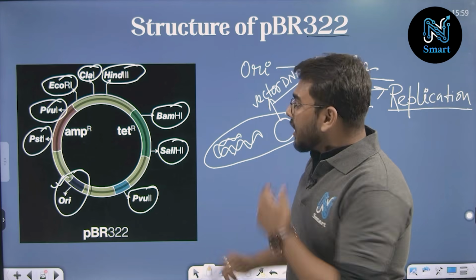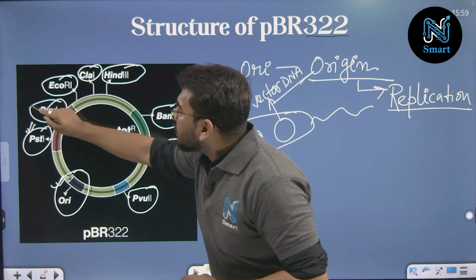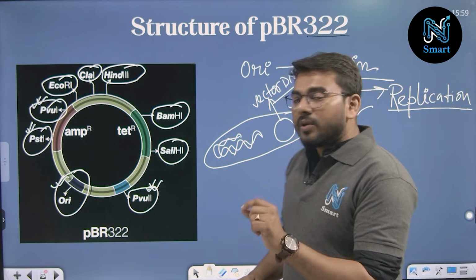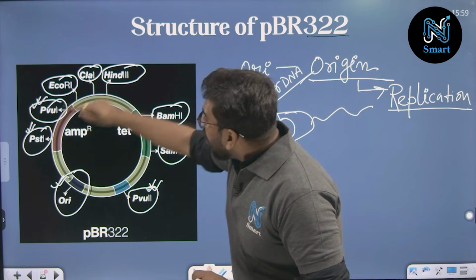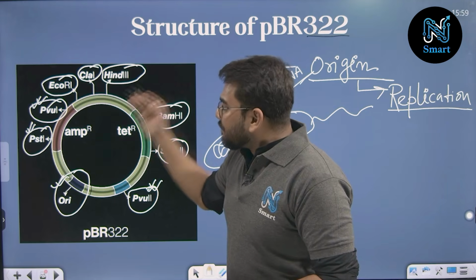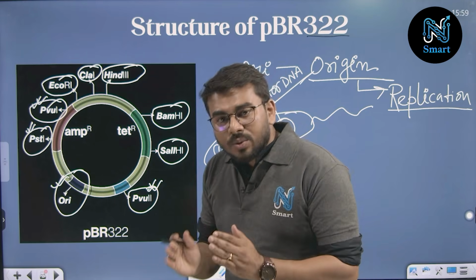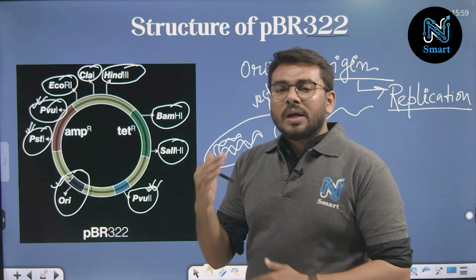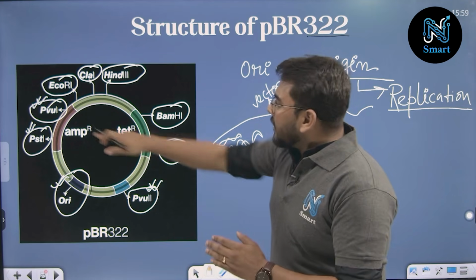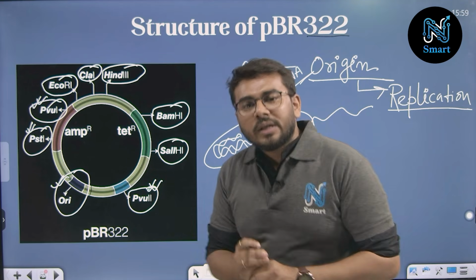Most important is the location. See, this is the first PVU1 and this is the second PVU1. These all, the outer genes, are basically restriction sites, restriction endonuclease sites, from where we can cleave that particular circular vector DNA.